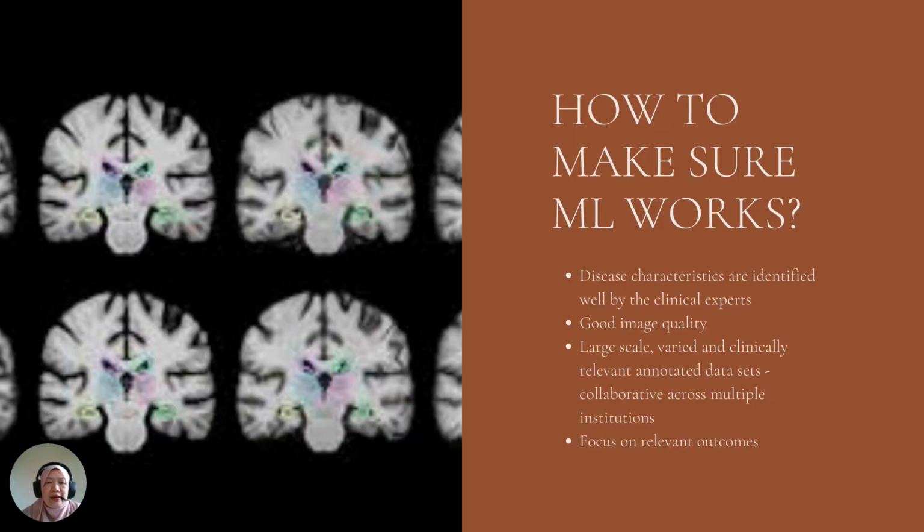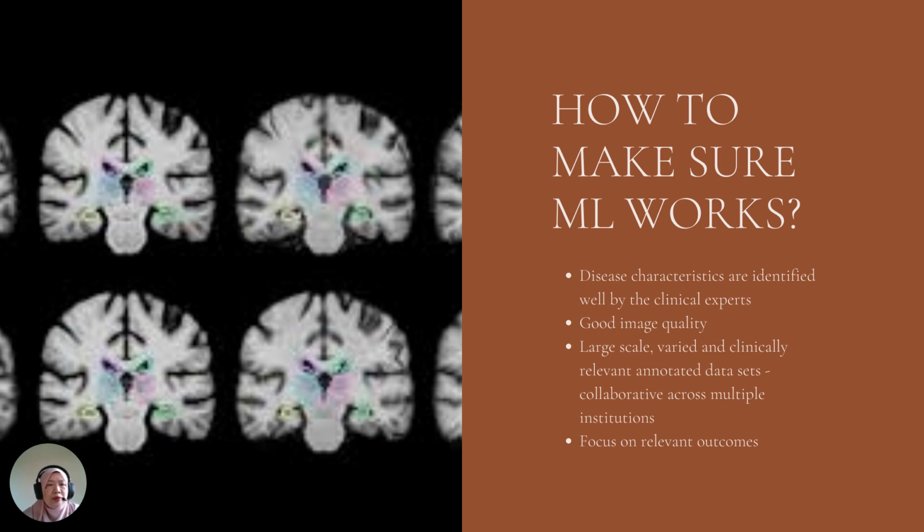So lastly, how do we make sure the machine learning works? Firstly, from the medical side, disease characteristics must be identified well in order for us, the engineers or computer scientists, to understand and extract the features or characteristics that you have identified.